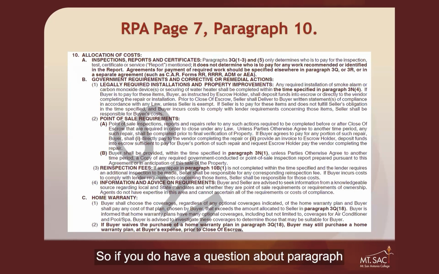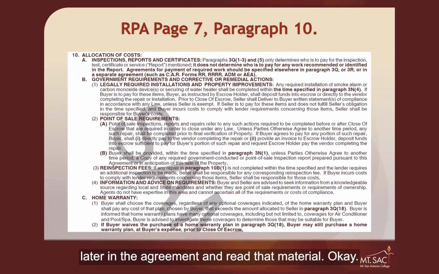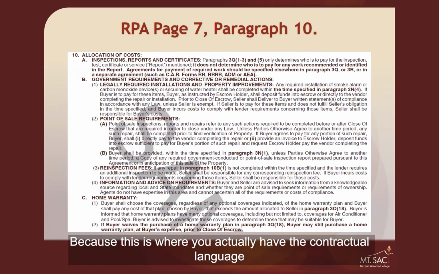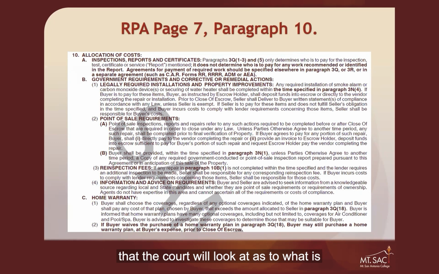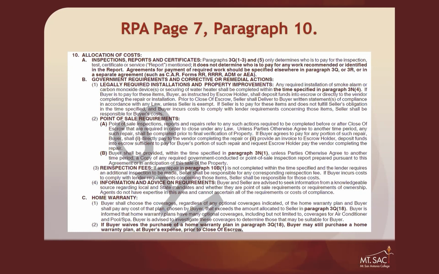So if you do have a question, okay, about paragraph 3, my recommendation is go to the corresponding paragraph later in the agreement and read that material, okay? Because this is where you actually have the contractual language that the court will look at as to what is meant by the checking of boxes in paragraph 3.